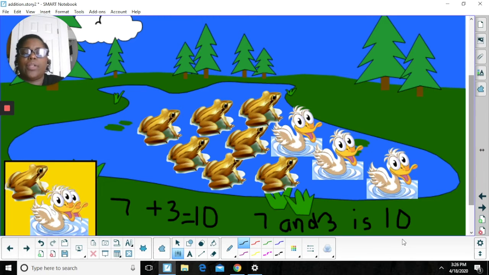All right, very good. Okay, remember here, our plus sign means what? To put items in a group together. Okay, and here's our equal sign. It comes after our plus sign, okay? All right.